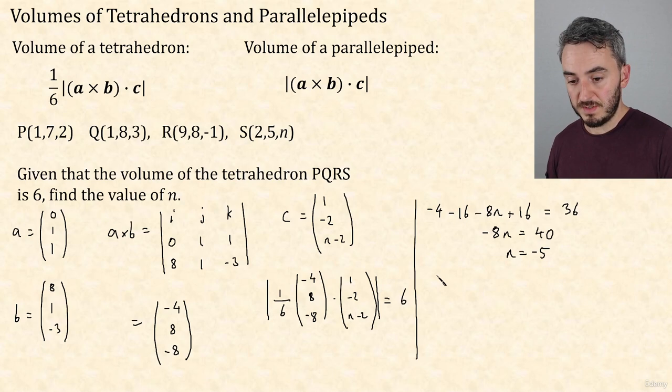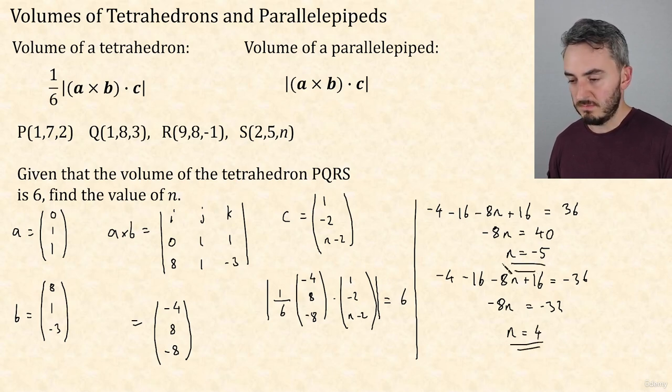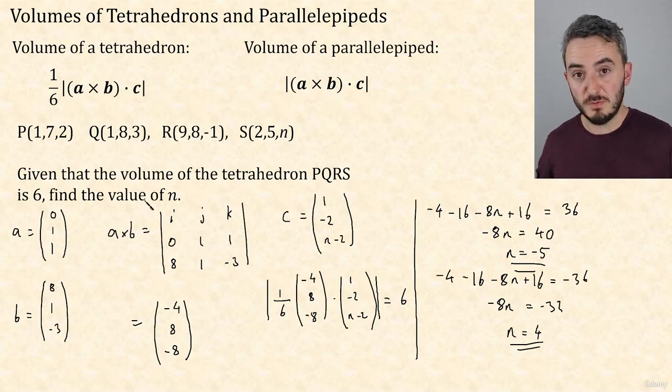But the other option was that this dot product was equal to minus 36, because then its modulus is still 36. That gives me minus 8n equals minus 32, giving n equals 4. So two solutions there. I should have said find the values of n. Two possible values of n that both give the same volume.